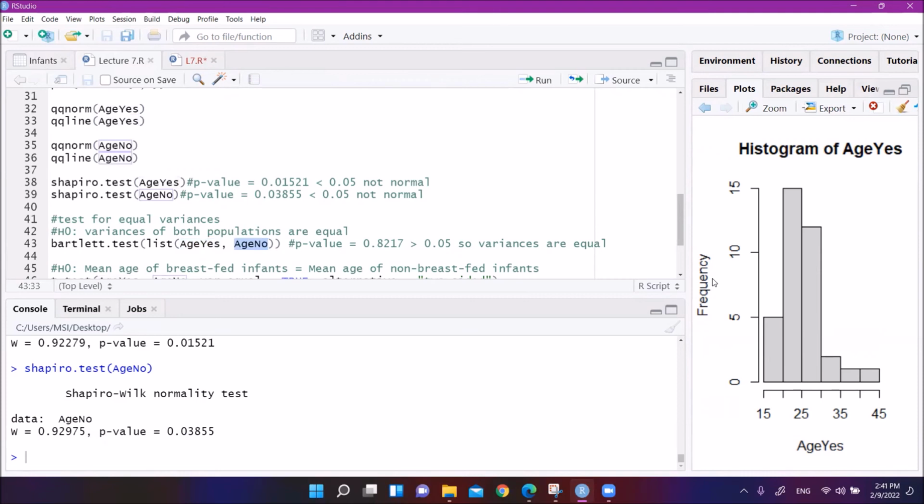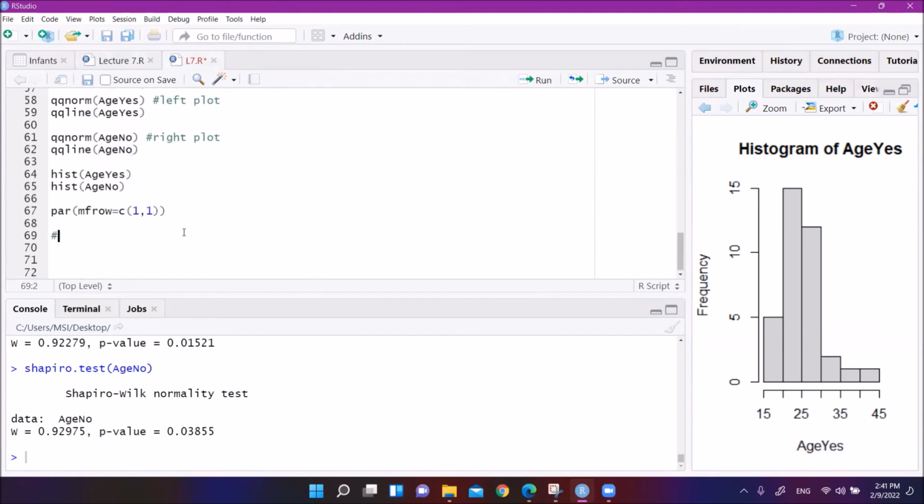That is what you are going to check by Bartlett test, right? So we would be needing this fact to perform the t-test. That's why I'm doing this initially.